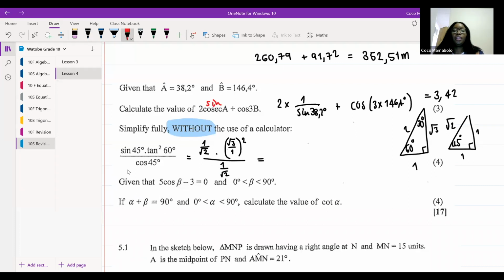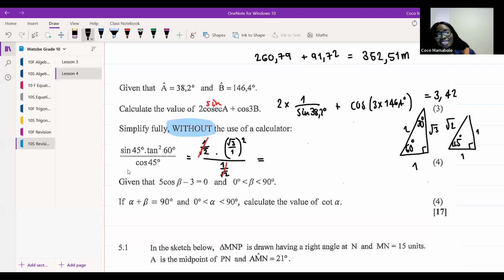The 1 over the square root of 2 and 1 over square root of 2 will cancel. So we only have to really work out this part over here. What would my answer be over here? The square root of 3 squared would give me. Pop your answer in the chat, guys. This part should be easy, and we definitely should not need a calculator. You know how teachers will catch you if you use your calculators for special angles.